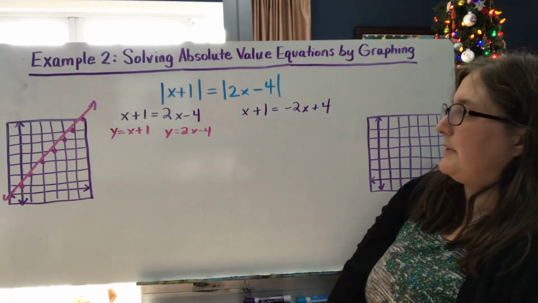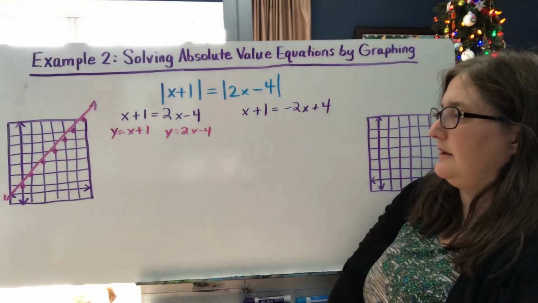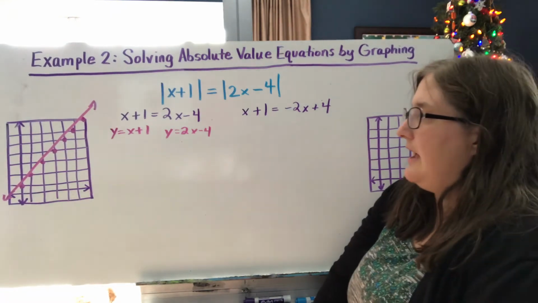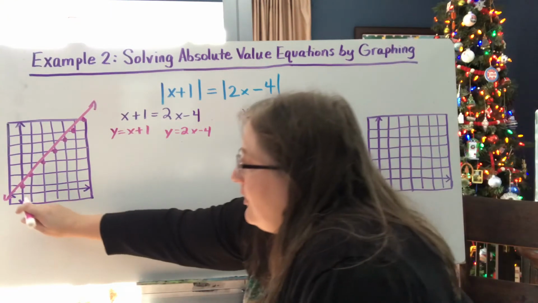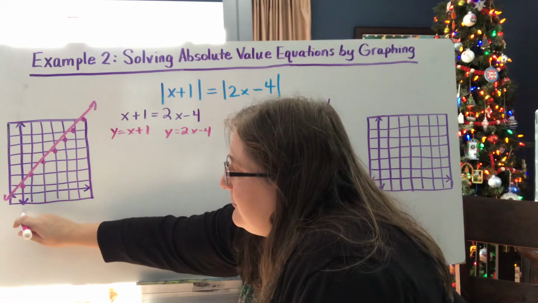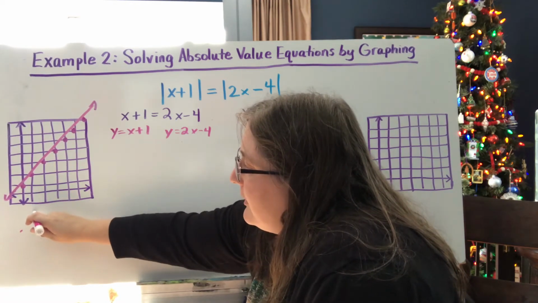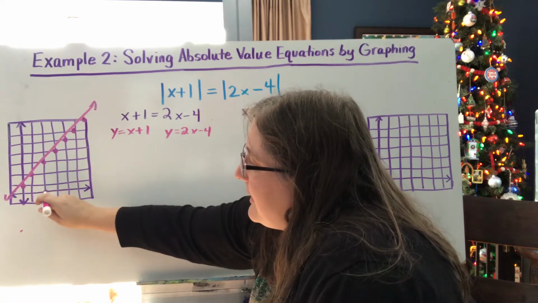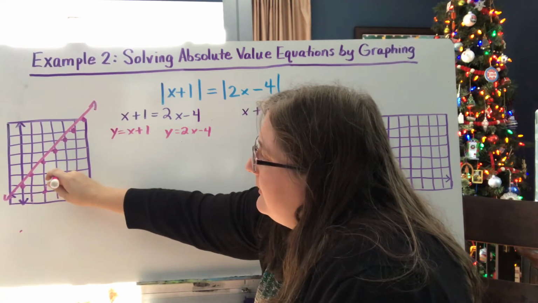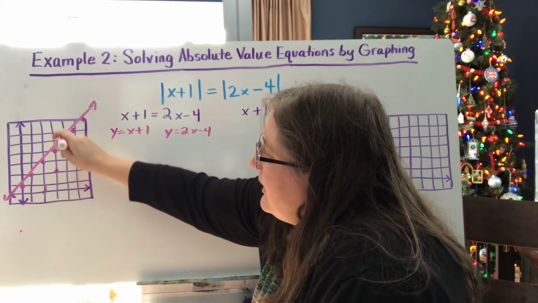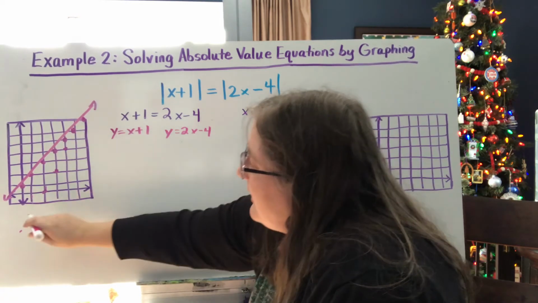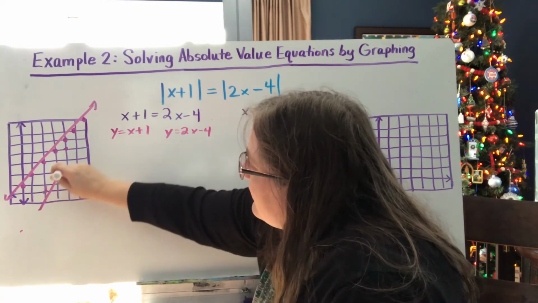Not the best of lines, but here I have a y-intercept of negative 4, which is a little bit off my graph, and a slope of 2. So my y-intercept is going to be more like down here, but I'm going to go up 2 and over 1, and now I'm back on the graph, up 2 and over 1, and I see which point they're going to share here.